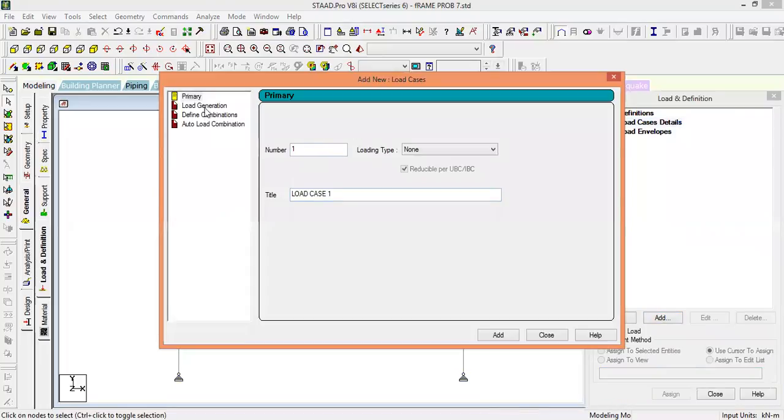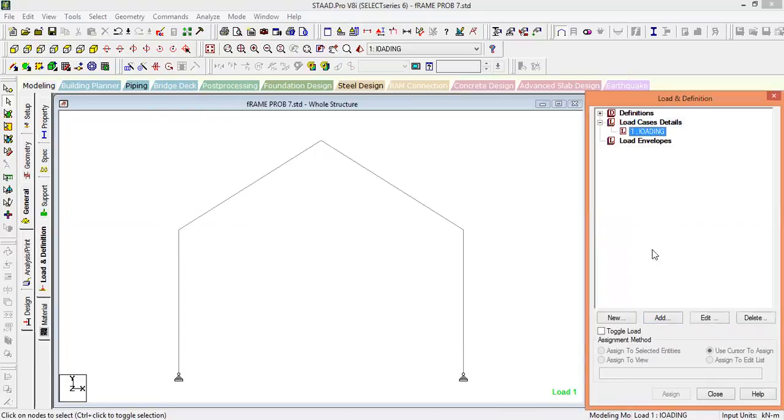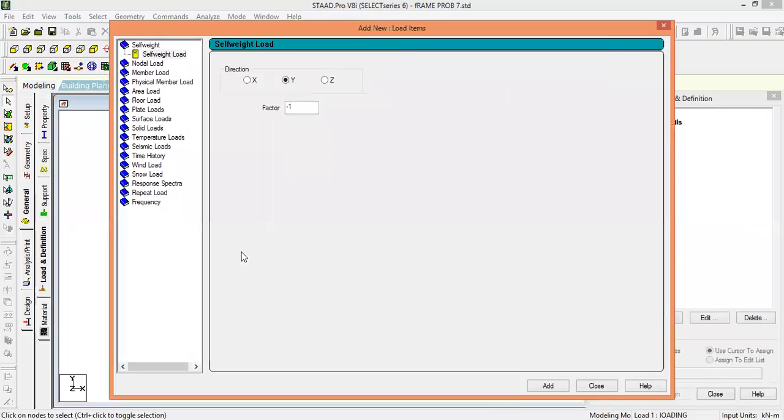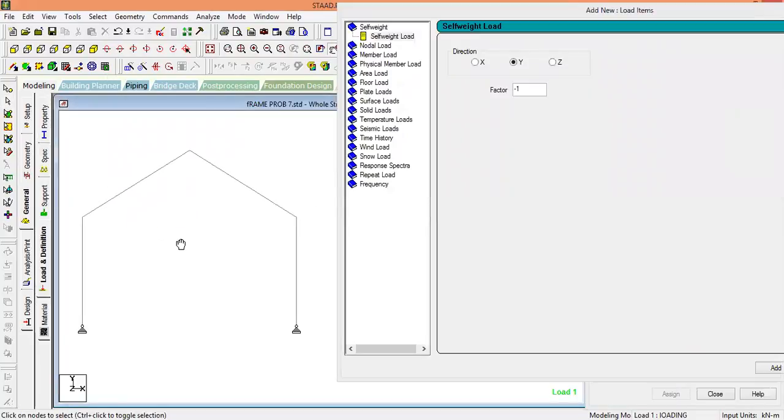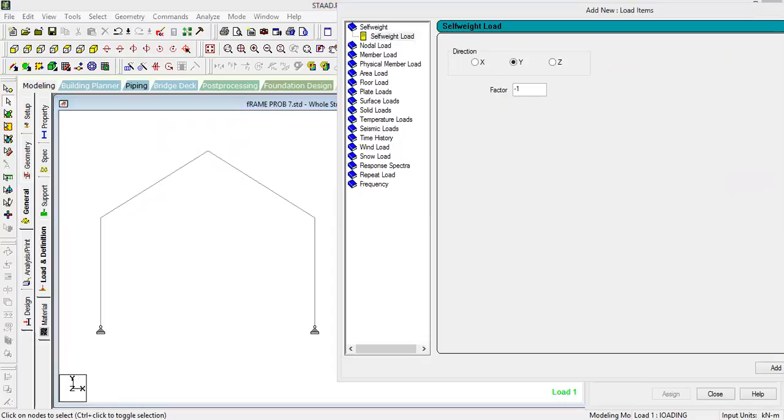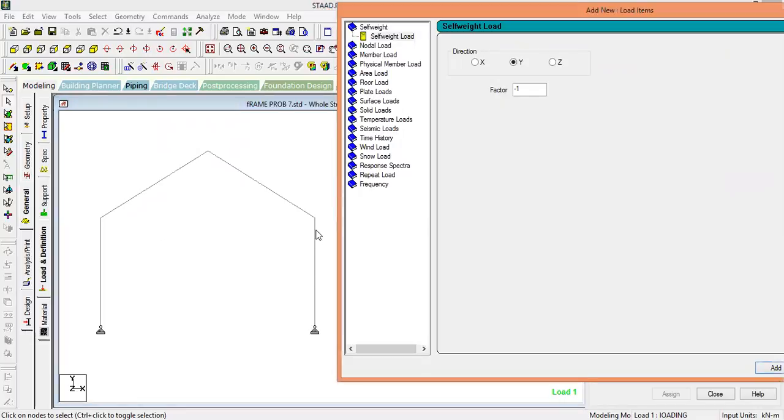Add a primary load case, and close. See, now this side you had a load of 5 kilonewtons as well as this side, is it not?